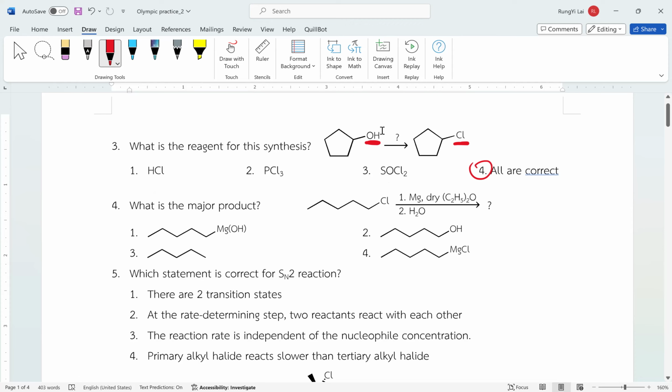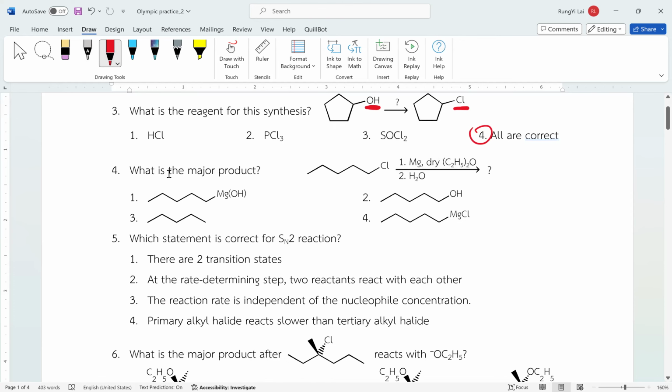So they are all able to convert the alcohol into the alkyl halide compound. So the next one is, what's the major product when you are using this alkyl chloride? The condition you can see is magnesium in dry ether, and the second step would be water.